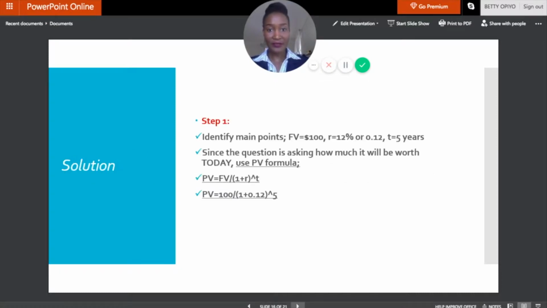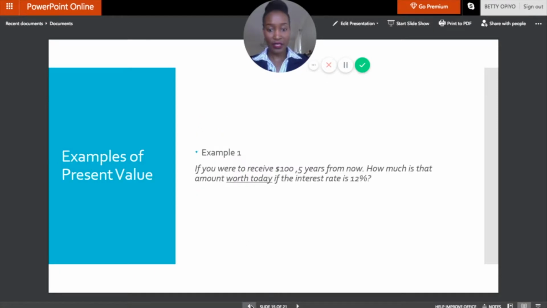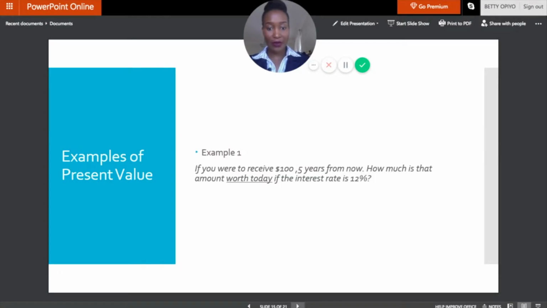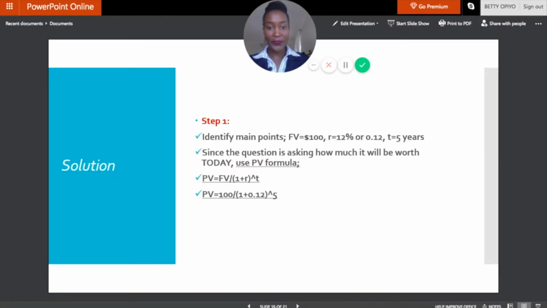Let's do that. So in the solutions, the first step that you want to do is to identify main points. Here, the main points are in regards to the formula that we have for finding the present value. So we'll identify the items in the present value formula and then see the amount that corresponds to each of them.